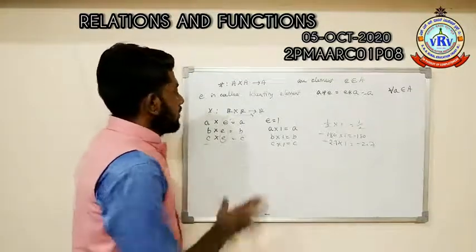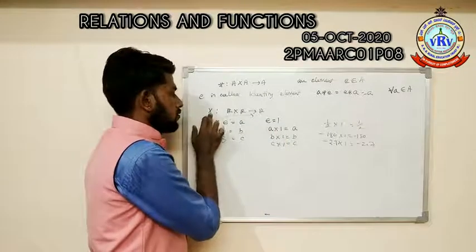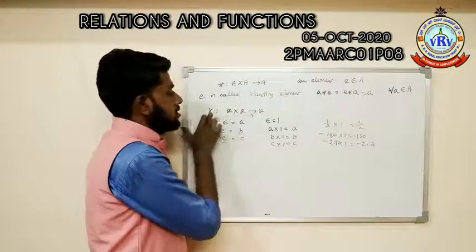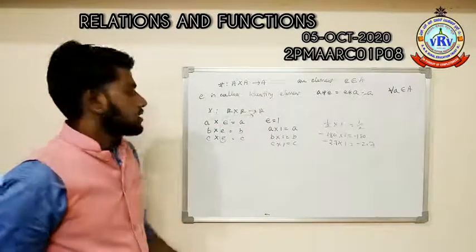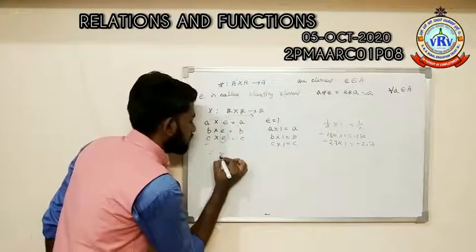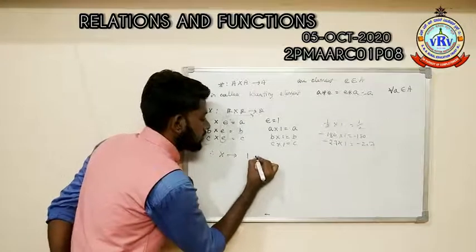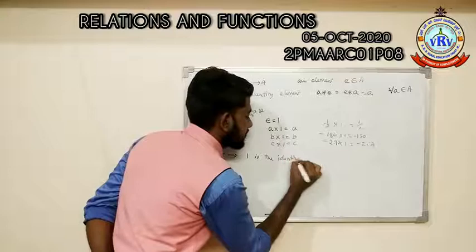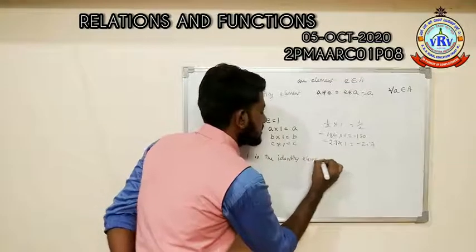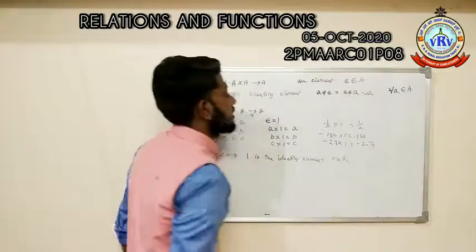Therefore, for the multiplication binary operation, 1 is the identity element on the set R.